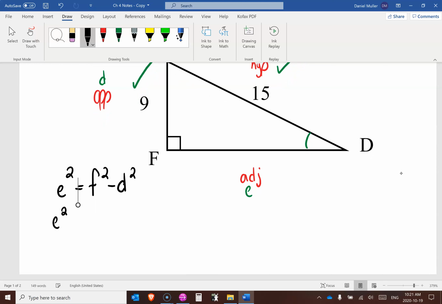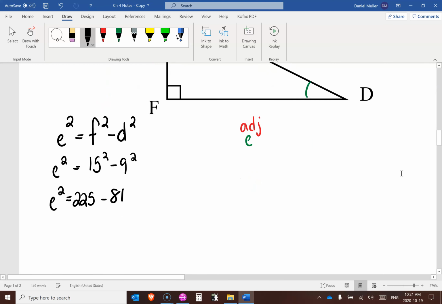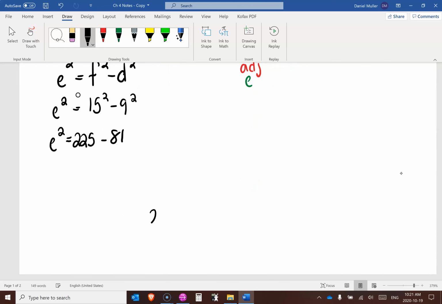E squared, because remember, we're trying to find e, is equal to f, which is 15 squared, minus 9 squared. E squared equals 15 squared, which is 225, minus 9 squared, which is 81. So I guess I'm going to have to do that. 225 minus 81, so that's going to be a 4. 22 minus 8 is 14.